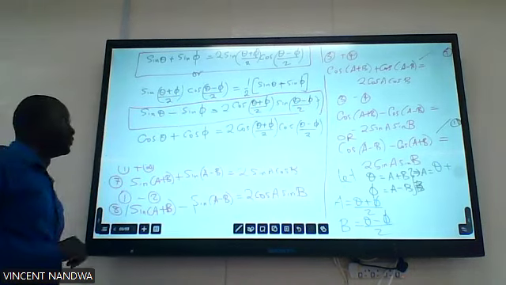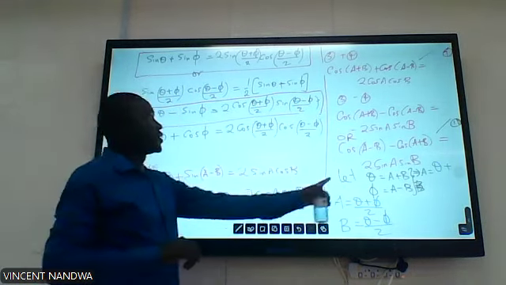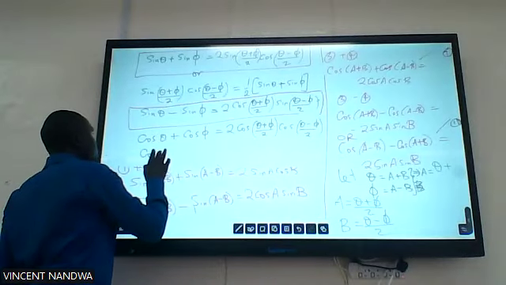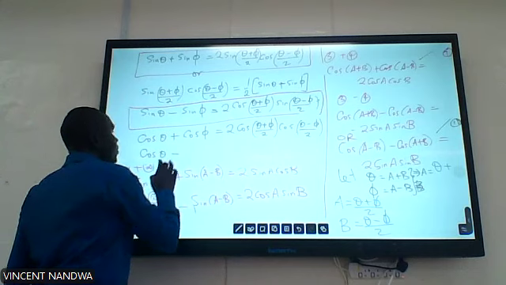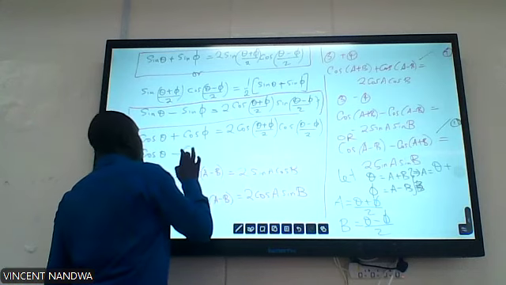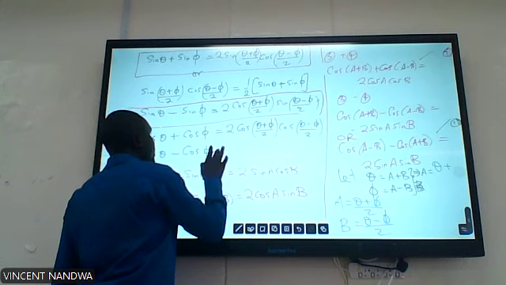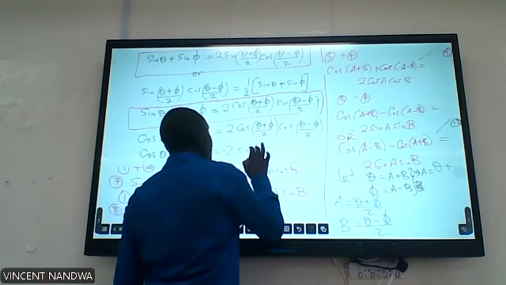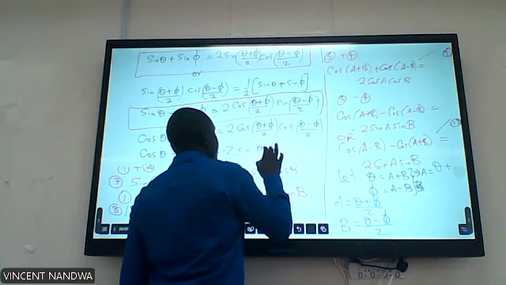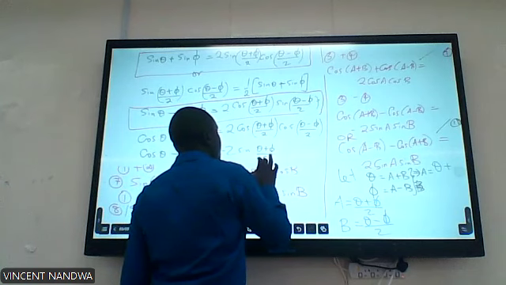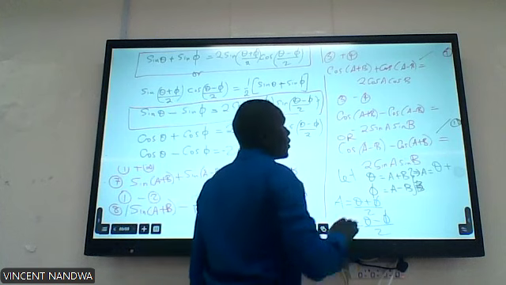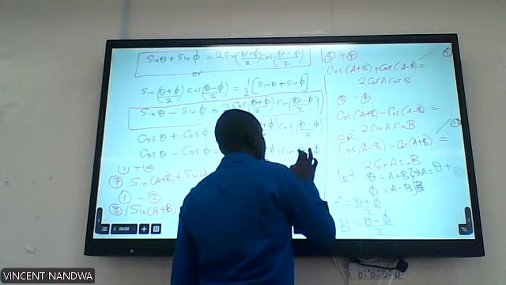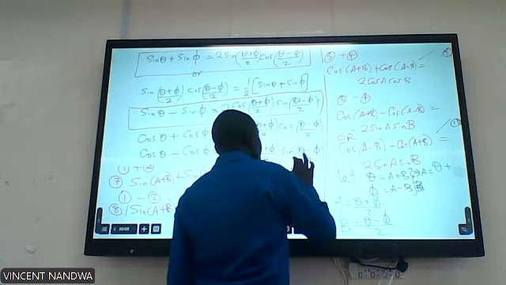So this is another relation. Then from the other one, we have cos theta minus cos phi is minus 2 sine of theta plus phi over 2, and then sine of theta minus phi divided by 2.